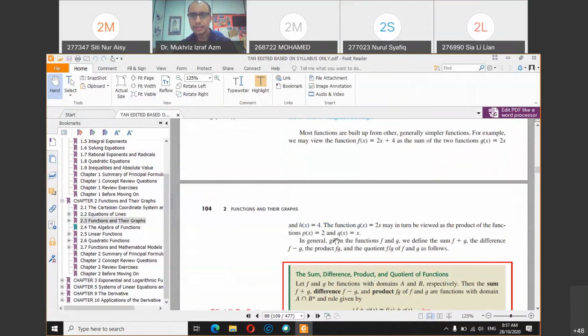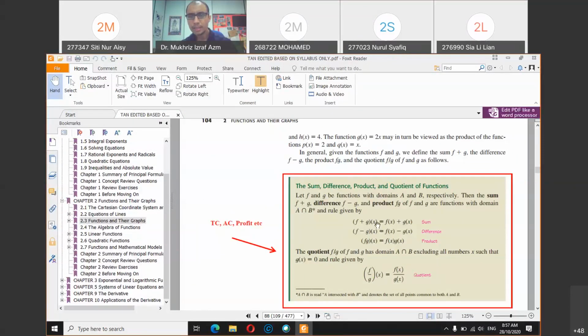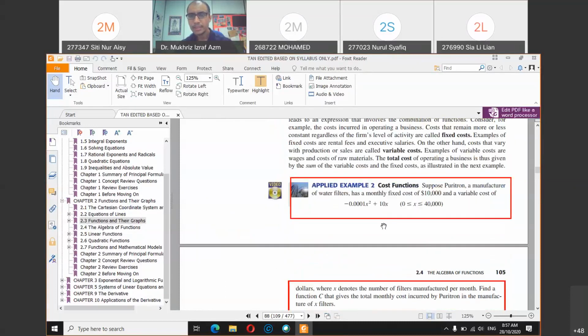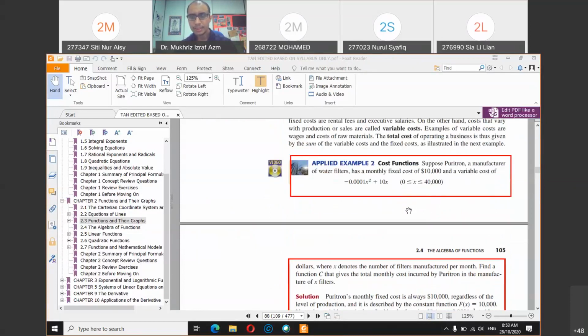So again, it's a simple, straightforward concept, where you need to sum, take the difference, or take the product of two functions. The example highlighted here is the cost function. Again, profit and loss, finding the revenue, finding the profit is very much relevant at your stage, especially in the microeconomics topic.